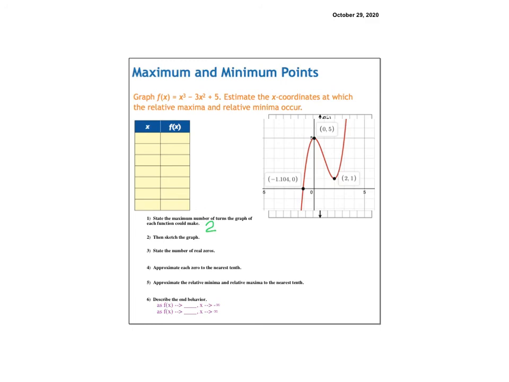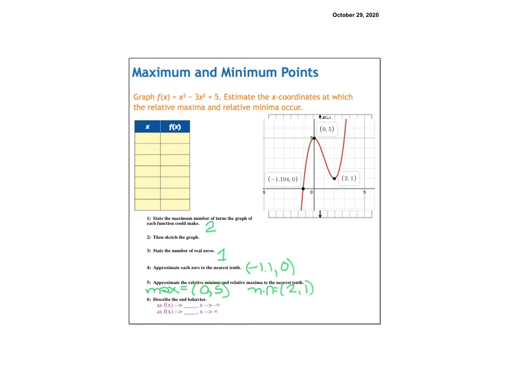I have one real 0, and that real 0, rounded to the nearest tenth, is at negative 1.1. My relative max is at 0.5. My relative min is at 2.1.